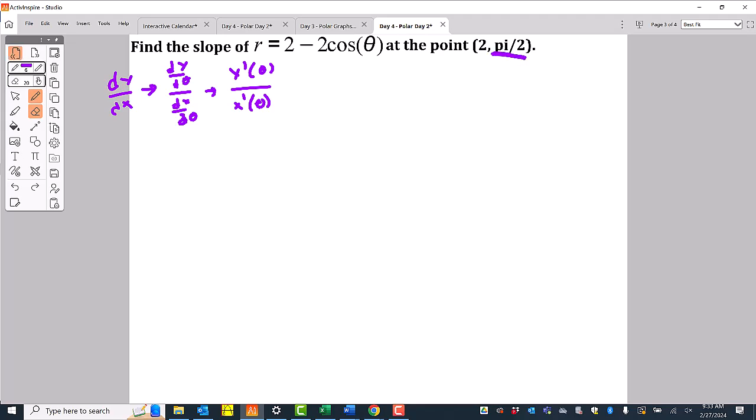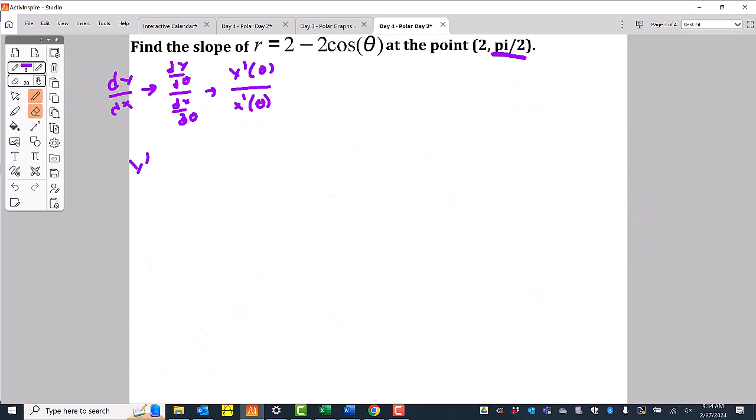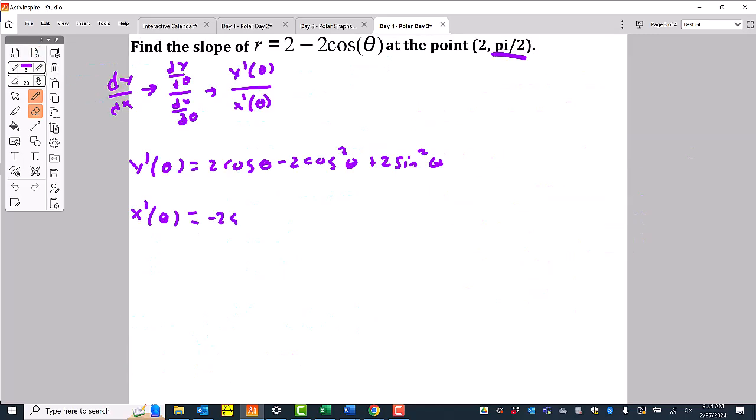So we can go back to that last page and we say y prime of theta is 2 cosine theta minus 2 cosine squared theta plus 2 sine squared theta. And we can say x prime of theta is going to be negative 2 sine theta plus 4 cosine theta sine theta.